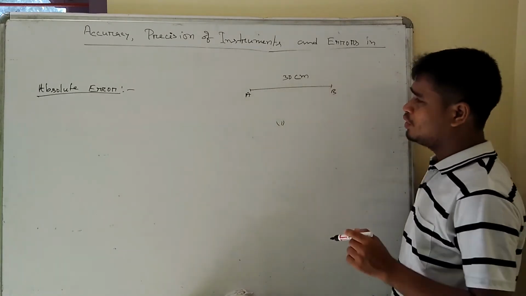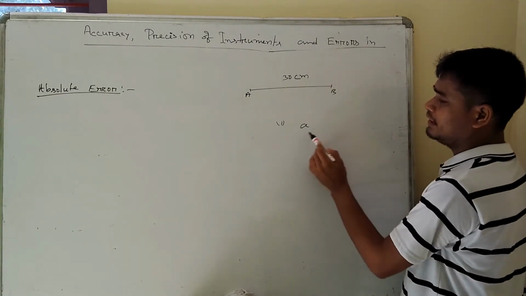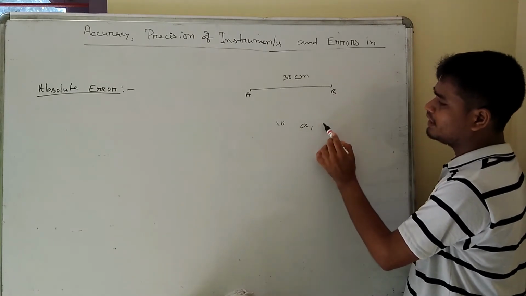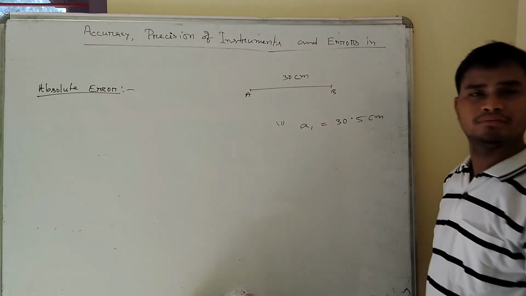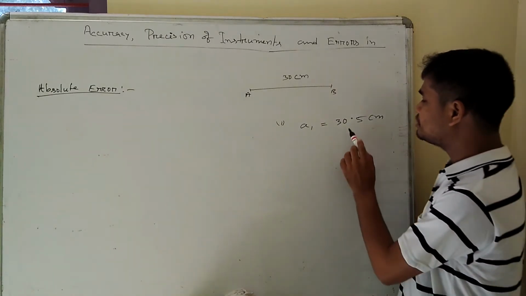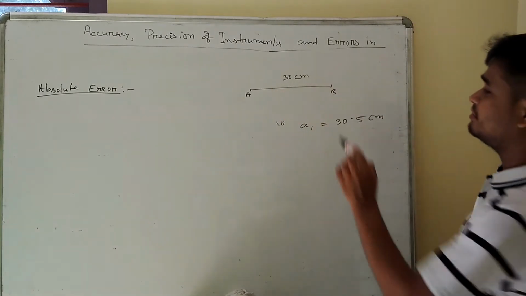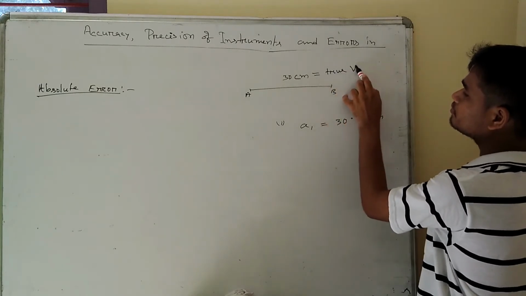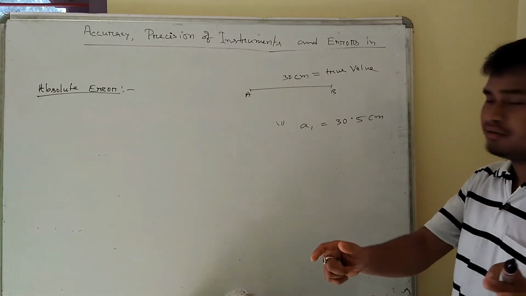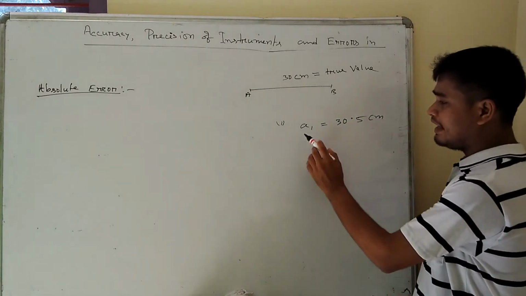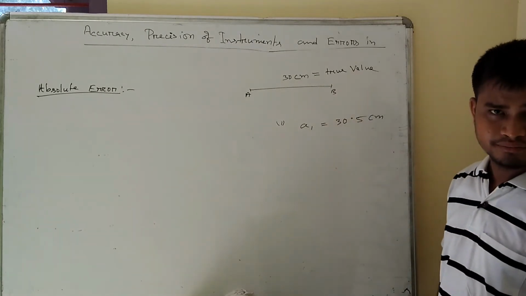We will measure this object by scale, and he gets the value A1 is equal to 30.5 centimeter. Originally, the value of this object is 30 centimeter. This is called true value, which is the exact value. A1 measured the value as 30.5 centimeter.